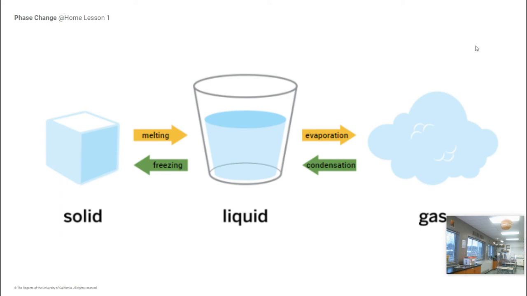Well, did we start with a solid? No. So we started with the liquid, right? So all you have to really say is which phase change. Did a phase change occur? Yes, a phase change occurred. And say that it was evaporation.